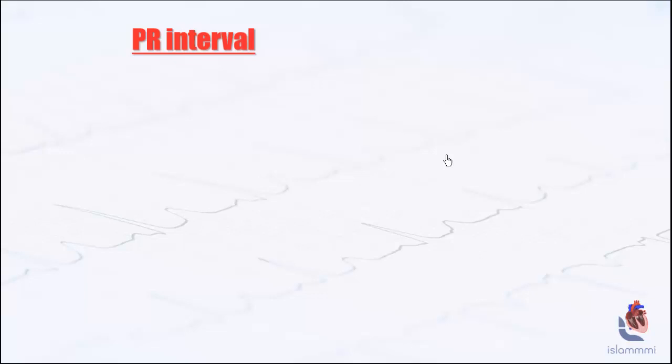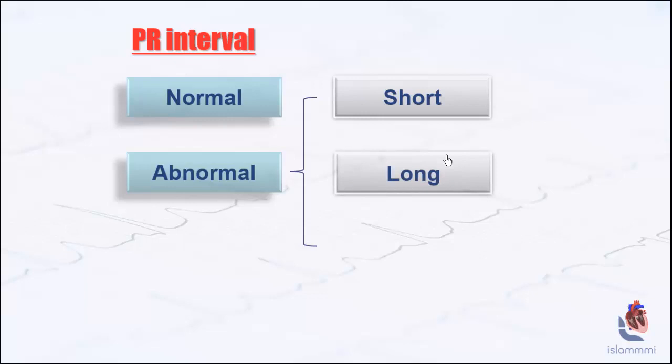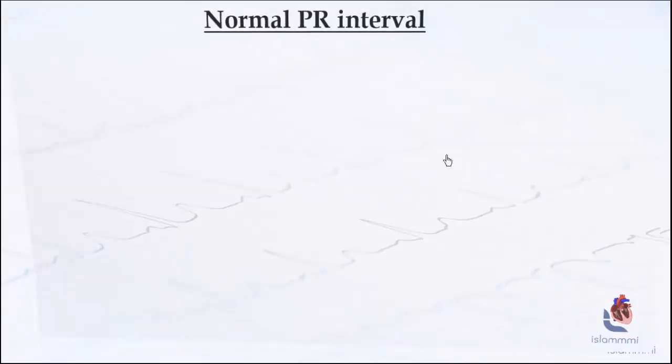So this delay is very important. The PR interval might be normal or abnormal. The normal range is between 3 small squares to 5 small squares. The abnormal might be a short PR, a long or variable one. We will see this in a while.